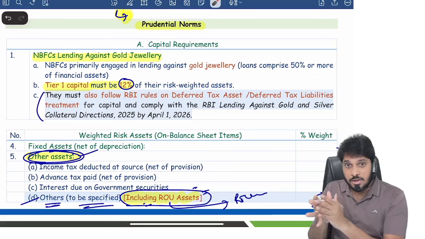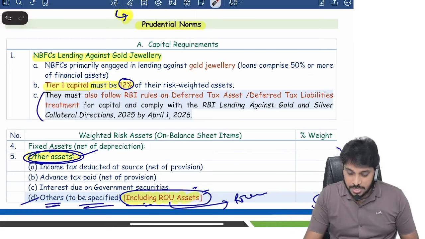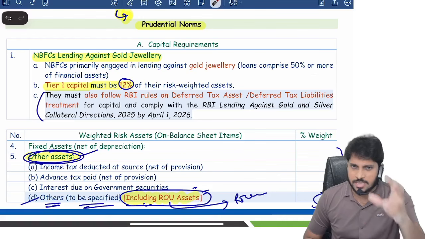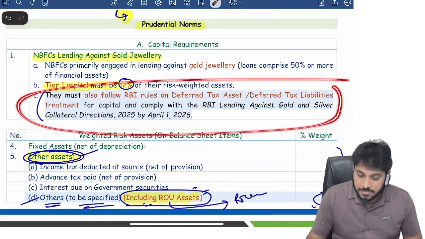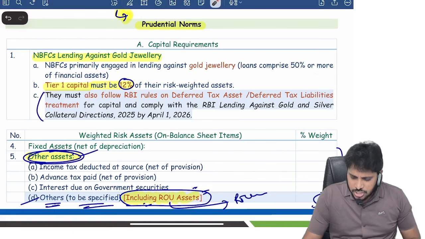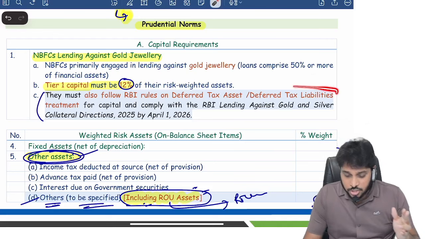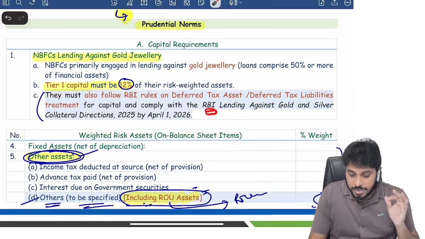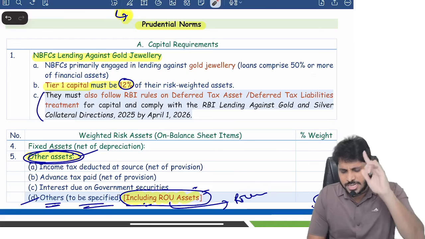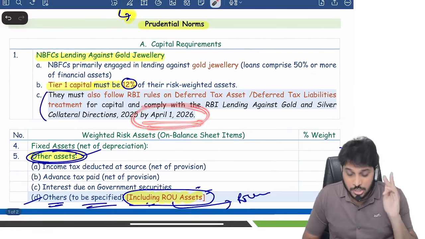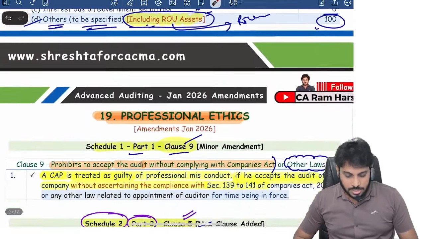So RBI has given separate directions for gold and silver based loans, and as per that, they spoke about DTA and DTL treatment. NBFCs primarily engaged in lending against gold jewelry should also comply with these directions, the RBI lending against gold and silver collateral directions 2025. By 1st April 2026, they should comply with this treatment in their accounts. That's it. Only these are the amendments.